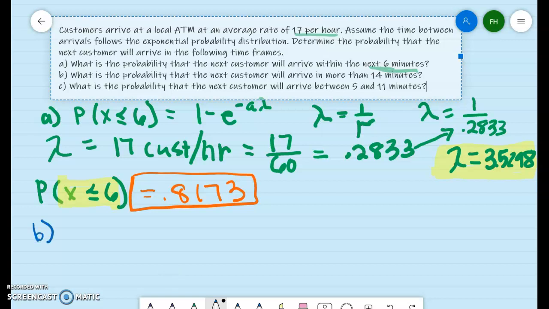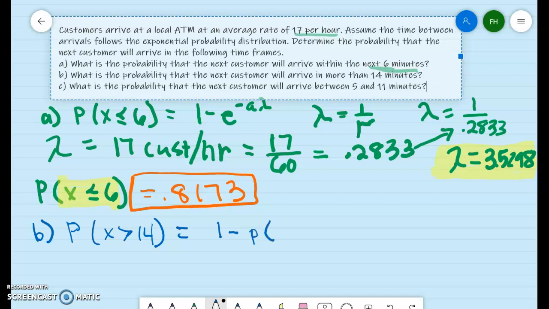In this one, we want to find the probability that the customer will arrive in more than 14 minutes. So X is going to be greater than 14. So what we're going to have to do is use the complement rule. We're going to take 1 and subtract the probability that we don't want.